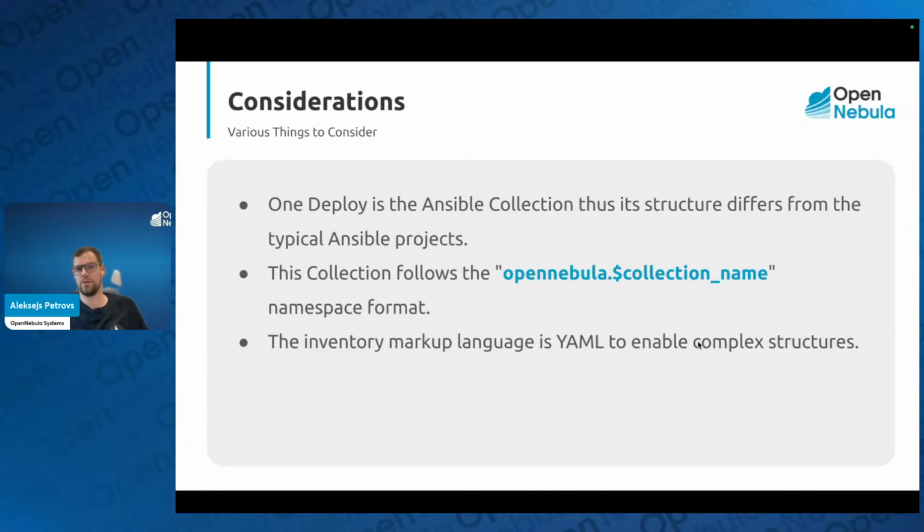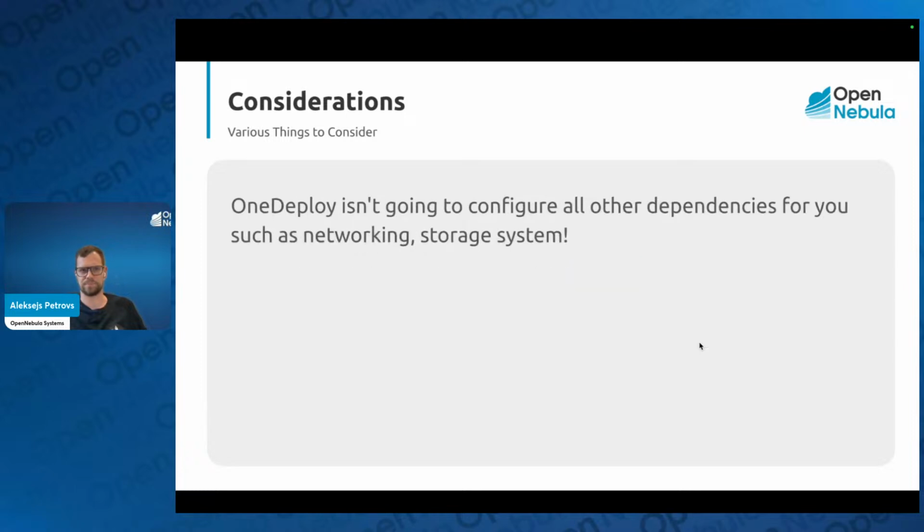Now, we are using YAML, and the reason for that is that we do have quite a complex structure inside of that, because within the inventory you can also specify different variables that, for example, for storage you can define networks and so on and so forth. And to achieve that, we must use YAML. So INI is not the way to go in that case.